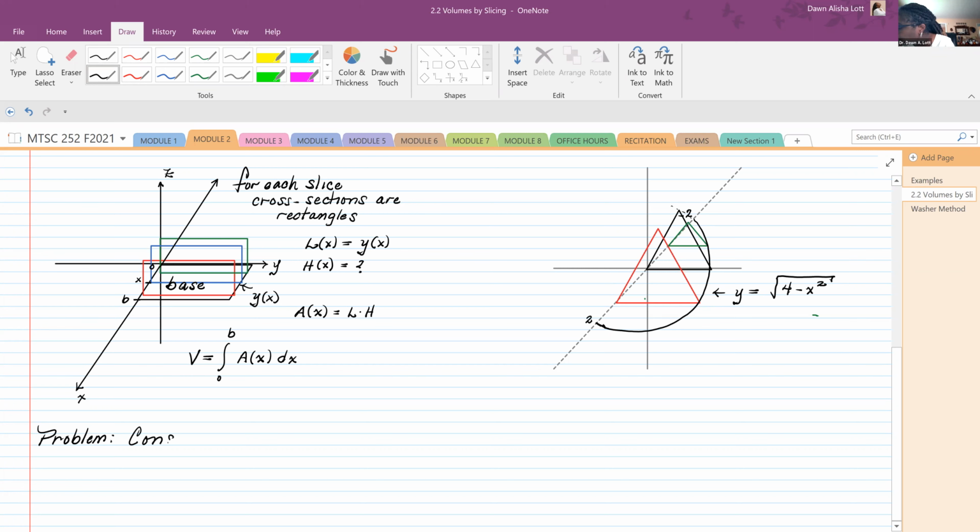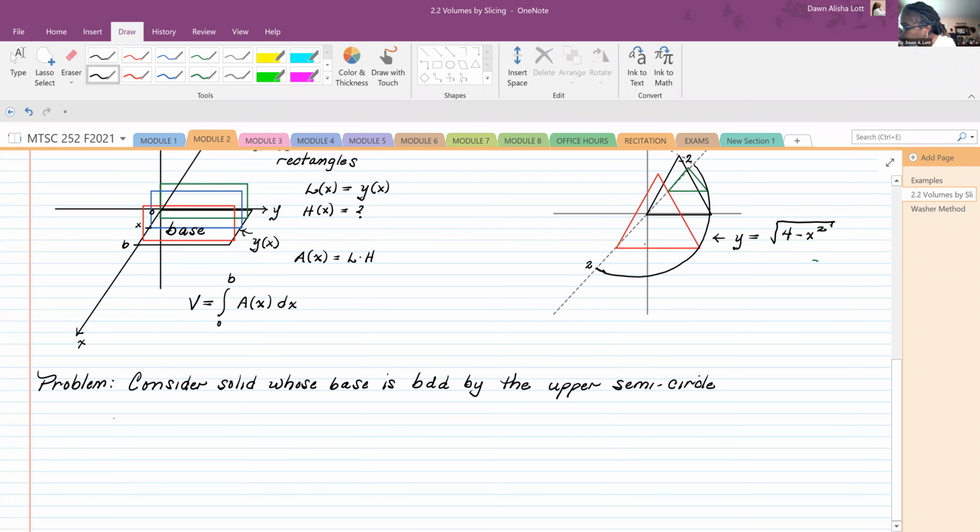We're going to consider the solid whose base is bounded by the upper semicircle x squared plus y squared is equal to 4, and whose cross-sectional areas are equilateral triangles.